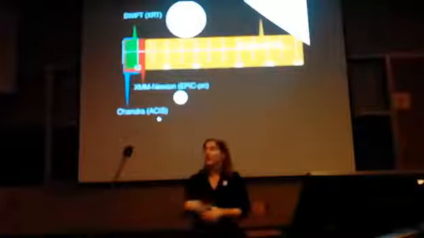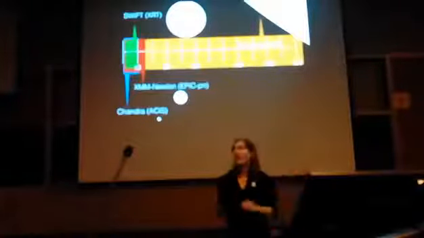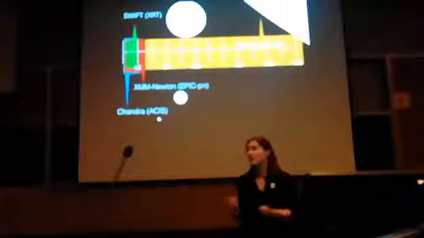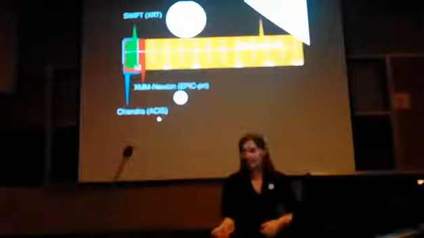So what a lot of astronomers do is they take a picture of the same object with two different telescopes, and you get a sense of how things look across all resolutions and all energies.